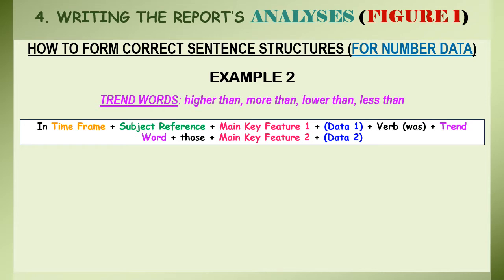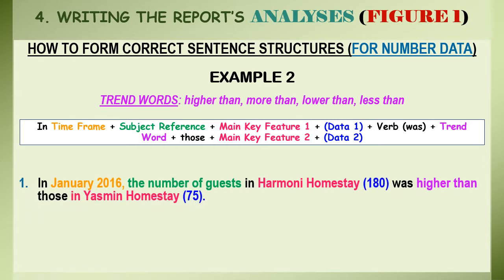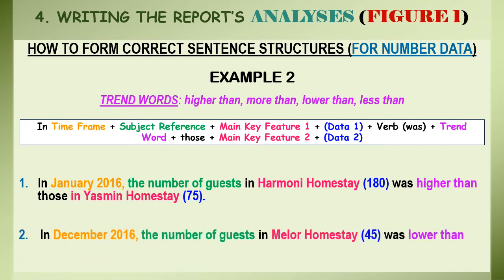Let's look at the example. In January 2016, the number of guests in Harmony Homestay, 180, was higher than those in Yasmin Homestay, 75. In December 2016, the number of guests in Merlot Homestay, 45, was lower than those in Harmony Homestay, 300.